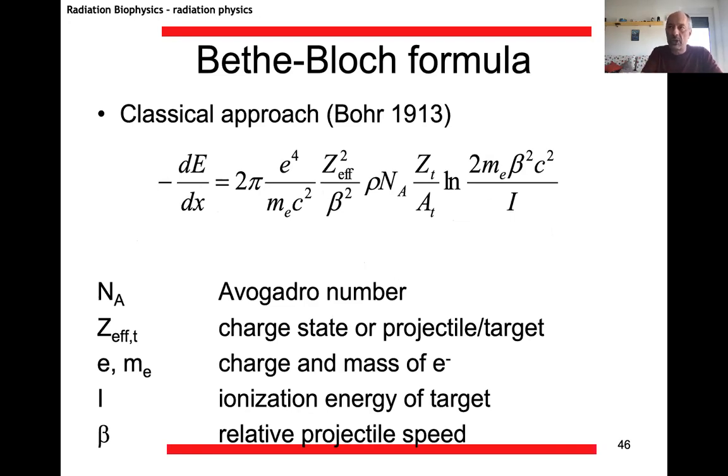When you increase the velocity, your energy loss decreases. You have less interaction with the electrons, so you have less energy loss per unit track. So when you reduce the velocity, when you are slow, you will have more interaction with the electrons, and then it's more likely that you ionize the matter, and then you will lose more energy per unit track.